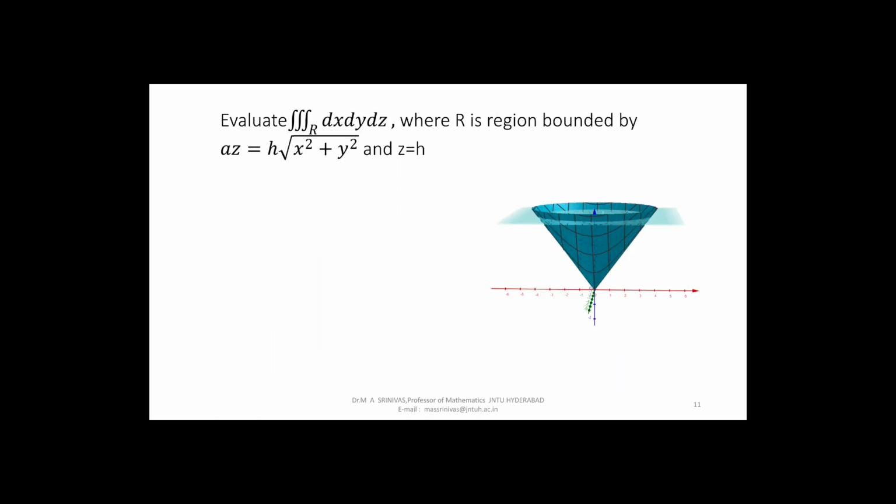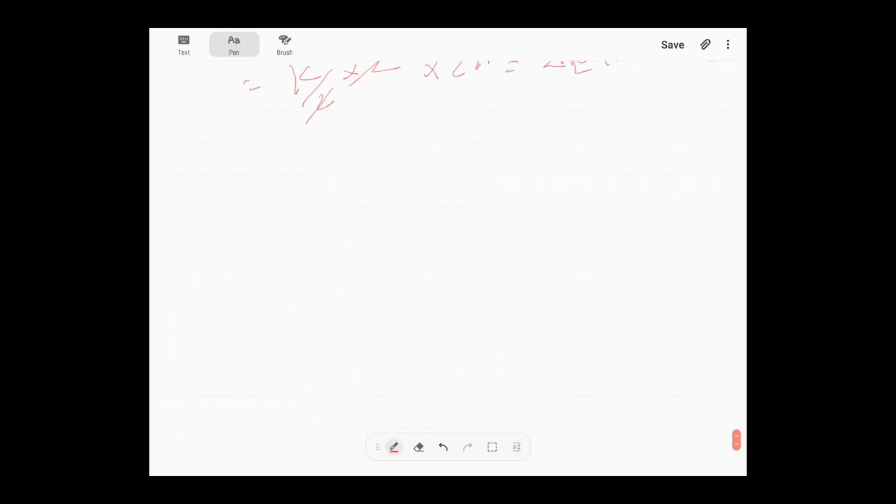Now go into the second problem. Evaluate the triple integral over R of dx dy dz, where R is the region bounded by this. Now how do you know what this represents? For the convenience of you people, the general equation of a sphere is x square plus y square plus z square plus 2ux plus 2vy plus 2wz plus c equal to 0.